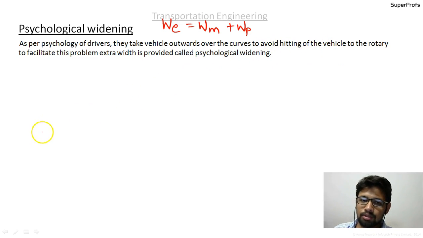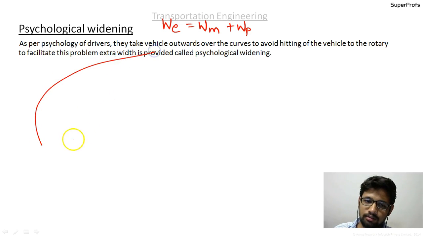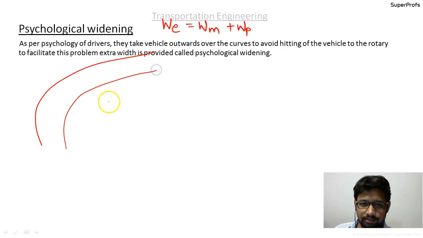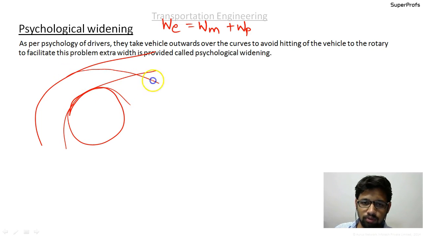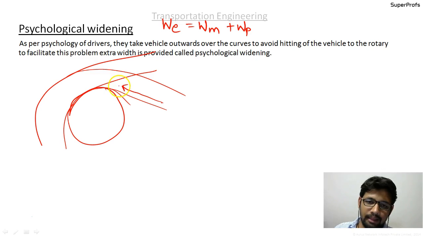Suppose there is a curve like this, and there is a rotary like this, and the road is following this rotary. Then suppose the drivers are driving this way, they intentionally, instead of taking this trajectory, follow this path.